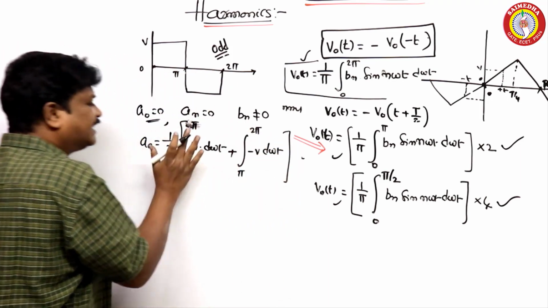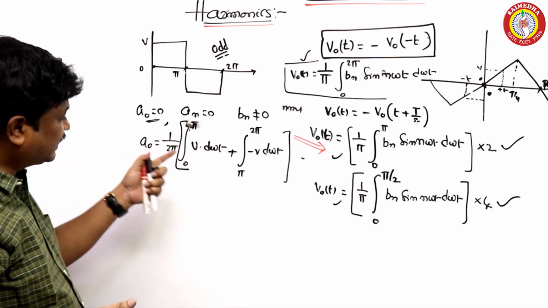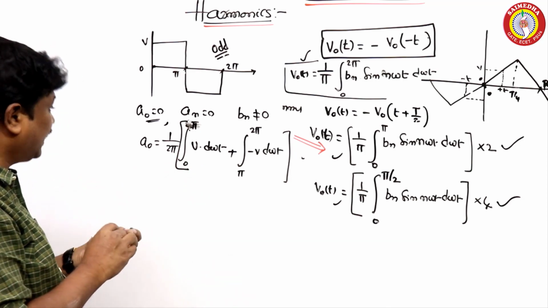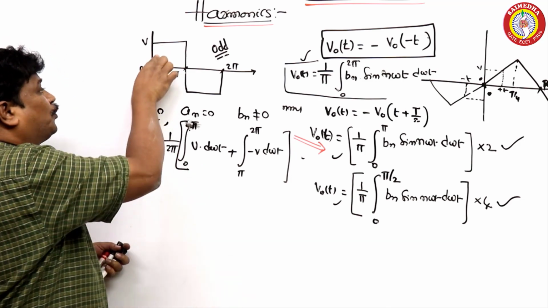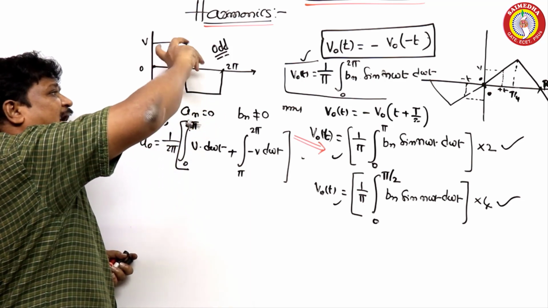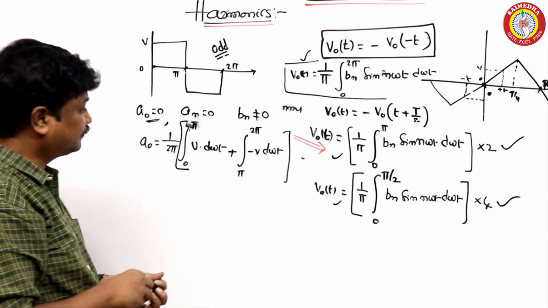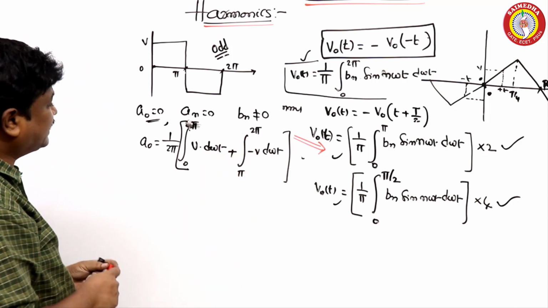If you do all this integration, what is going to happen? That area becomes 0. Why? Because whatever positive output is available here, the same amount of negative is available. If you calculate the average of this, it becomes 0.